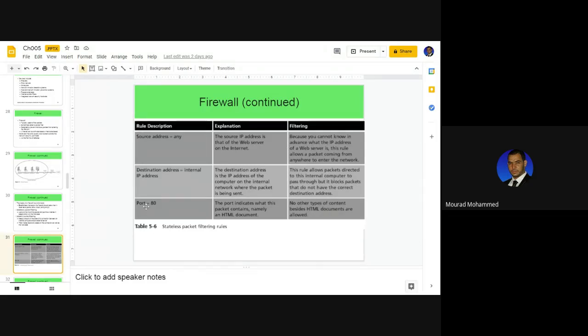To enable or to deny, it depends on the rule. We can even enable the filtering based on time. We enable from 8 to 4, for example, and disable after 4 until 8, or maybe vice versa. So this is a group of rules that the stateless packet filtering firewall works on.